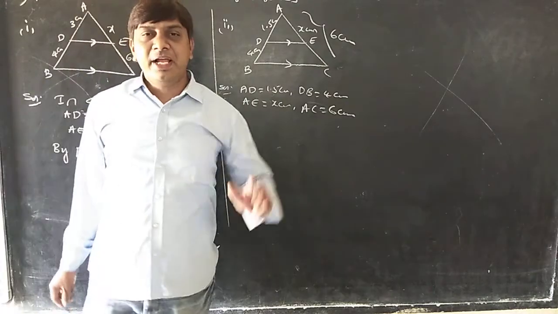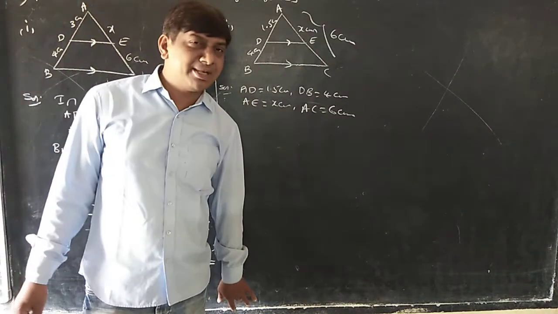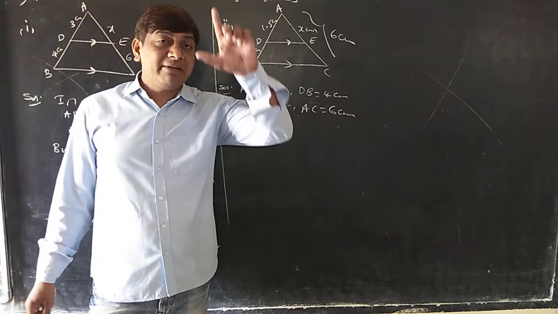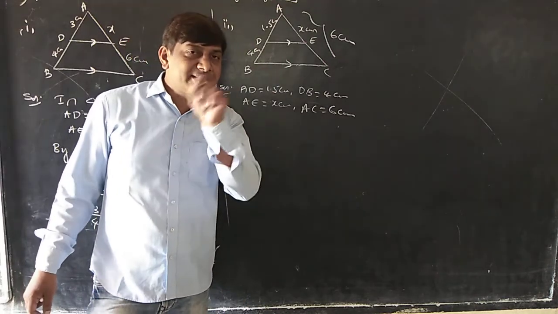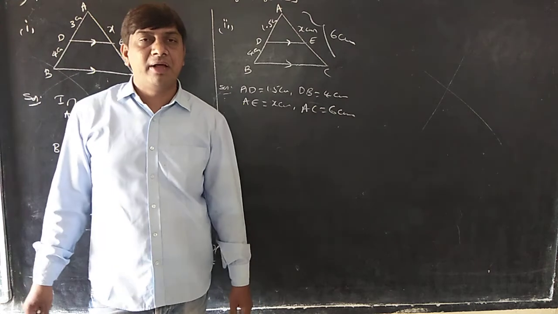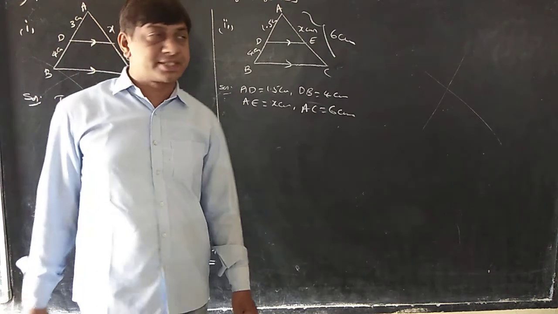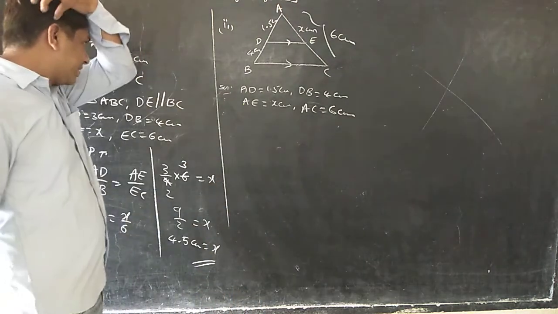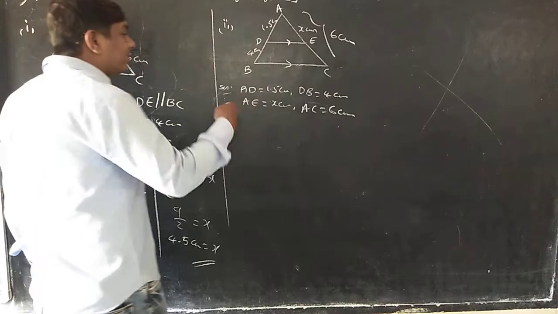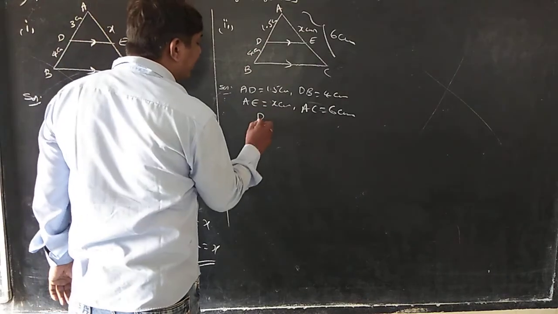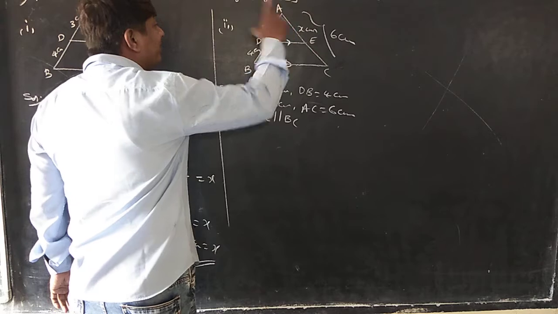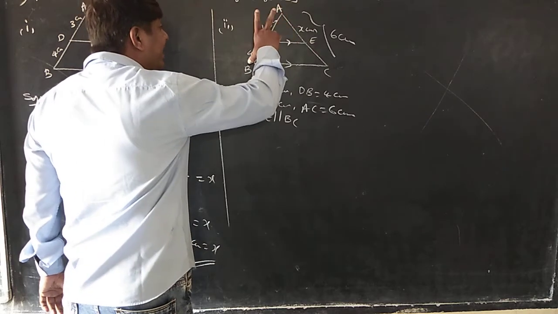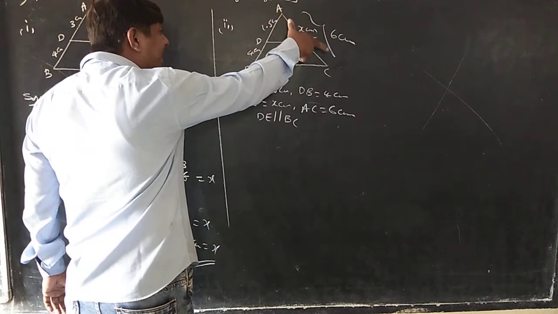Okay. Already after the basic proportionality theorem alternate proof, I gave a corollary. Some conditions I gave. I said that these are useful while solving the problem applications. So by using that, one of the corollaries, since DE is parallel to BC, AD by AB is equal to AE by AC.